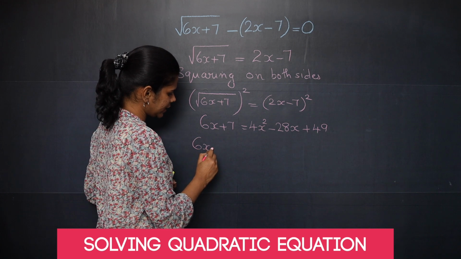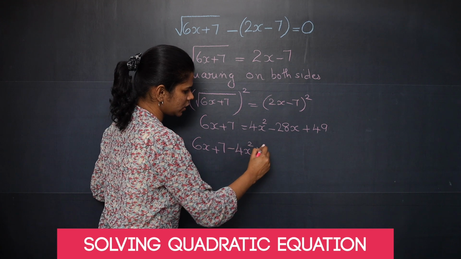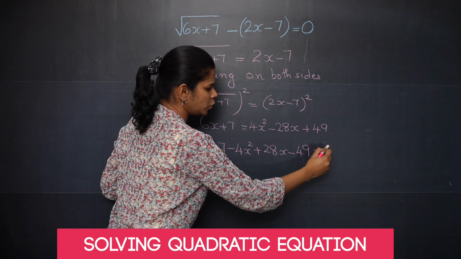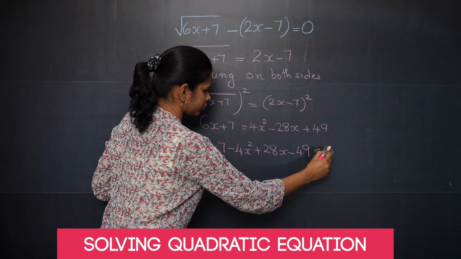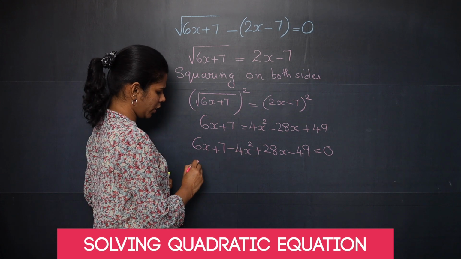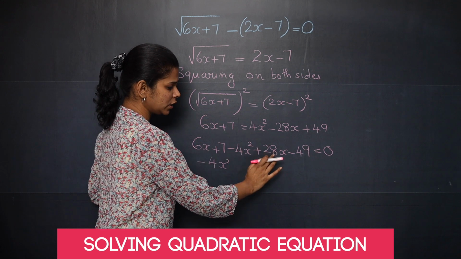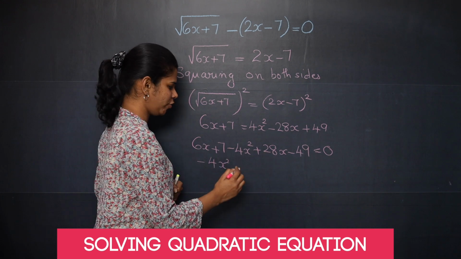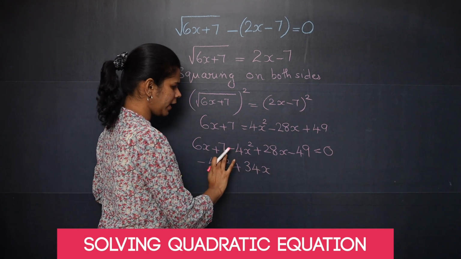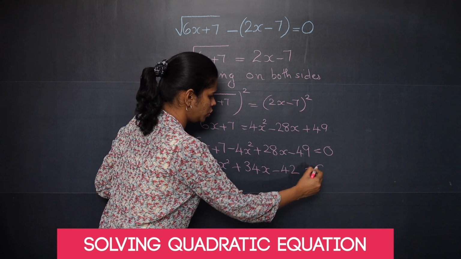So 6x plus 7 minus 4x square plus 28x minus 49 equal to 0. Now here you can see minus 4x square you can write as such, and then 6x plus 28x, 34x. So plus 34x plus 7 minus 49. So minus 42 equal to 0.